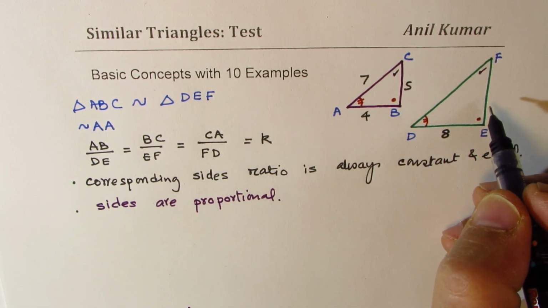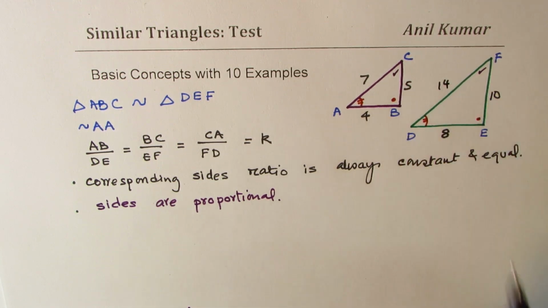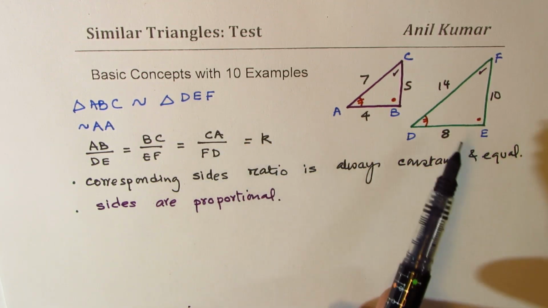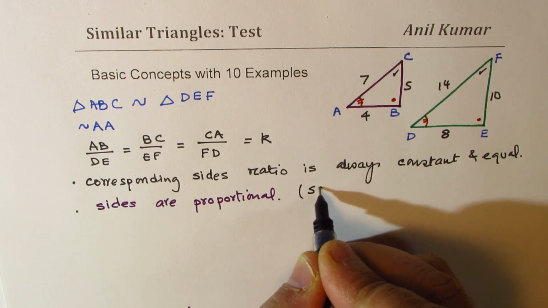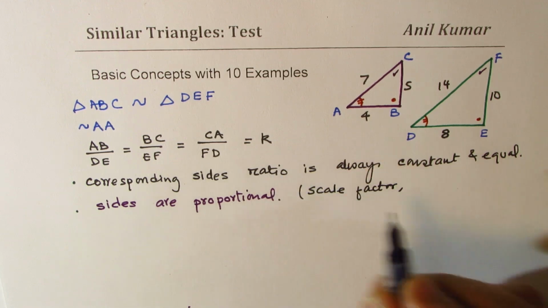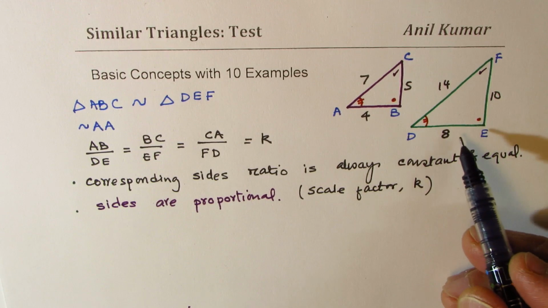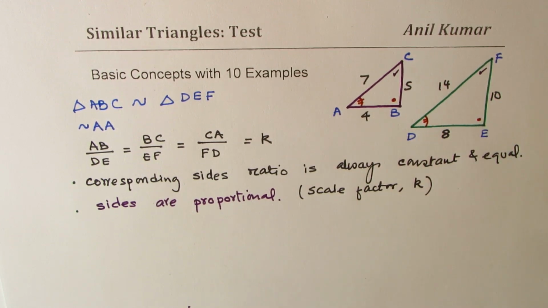So the other sides will be twice, so it'll be 10 and 14. You get an idea, right? So that is what we mean, that the ratio of the sides is constant. In this case, you can see it is 2. So sides are proportional. That means we always have a scale factor, and we are calling this K in this particular example. Here, if I write 4, 5, 7, 8, 10, 14, the scale factor is 2. Right.